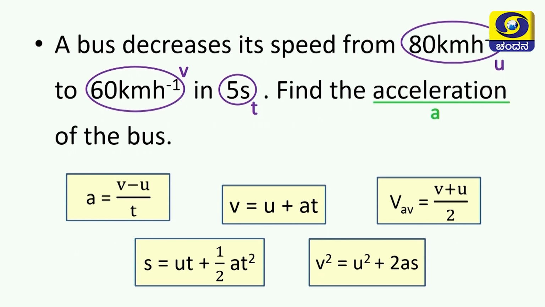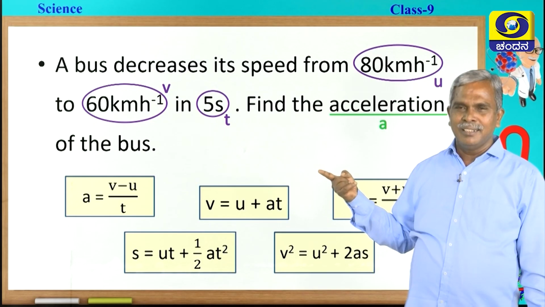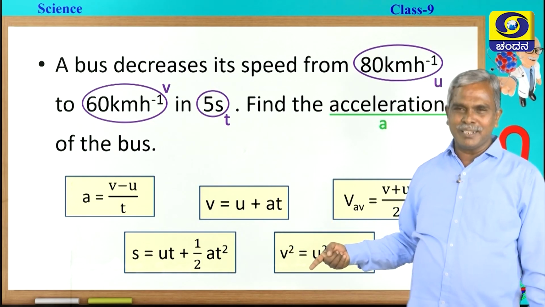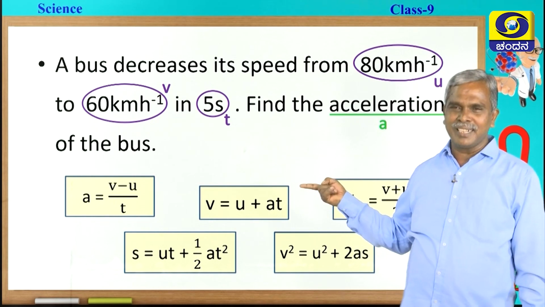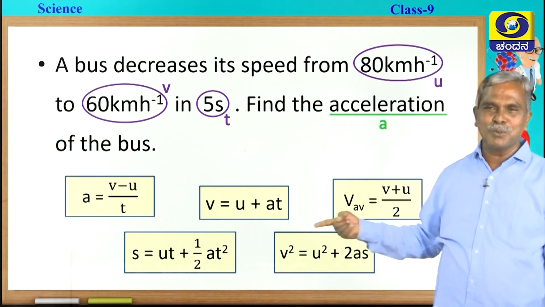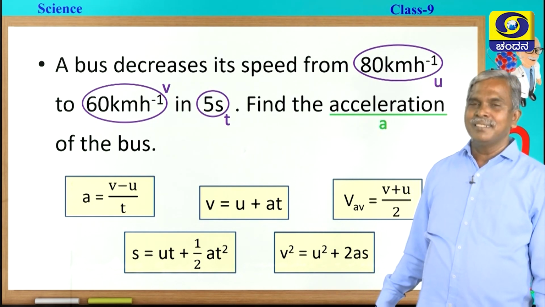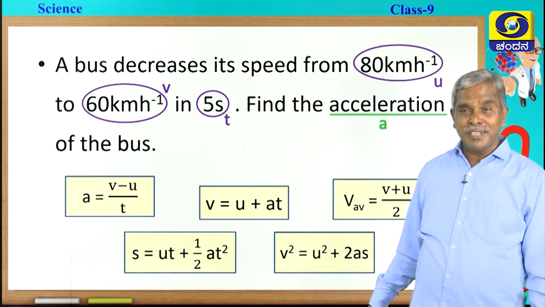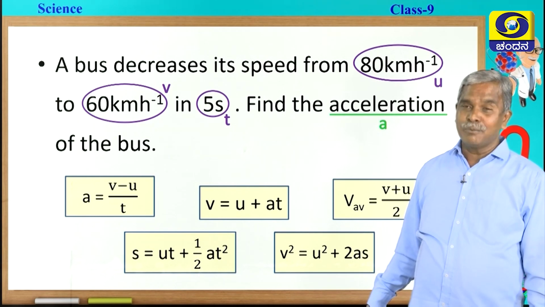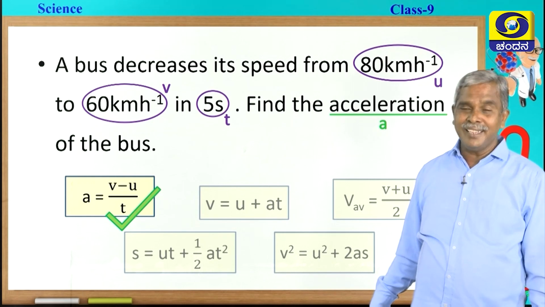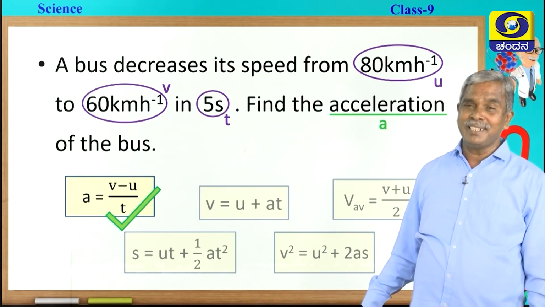We need to find acceleration a. So, t is given, u is given, v is given; excluding the last two equations, out of the first three, I mean the equations in the first row should be considered. So, which are the equations? a is equal to v minus u by t, or v is equal to u plus at. Yes, a is equal to v minus u by t.